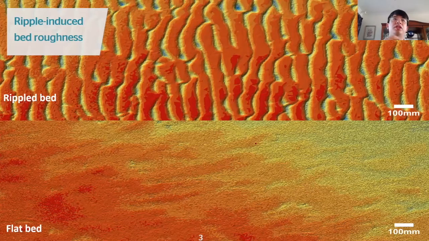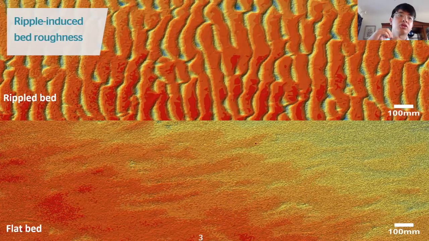We are interested in ripples because they have great applications. These are two 3D scanning platforms from the sandbar, as in the photo I showed in the last slide.